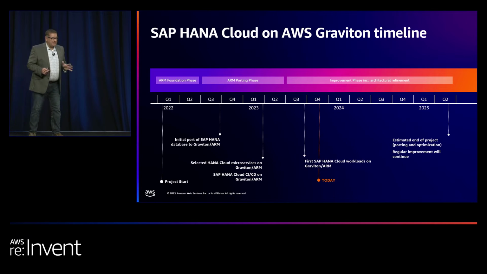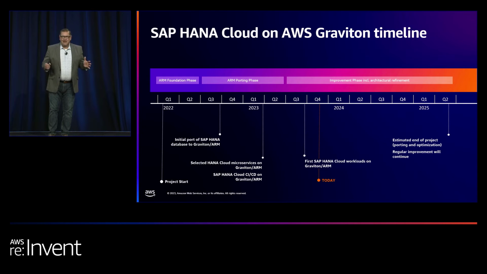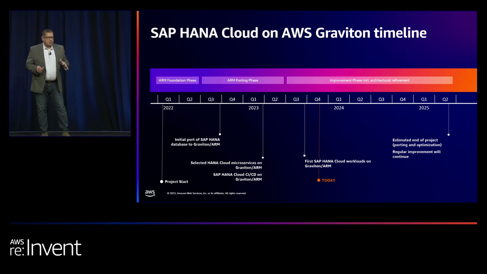Now, when you look at a project timeline, this is obviously a very, very high-level view. The way I would describe it simply is that this is a journey, not a destination, right? There's multiple phases to this. We kicked this off in early 2022, what we'll call the ARM foundation phase.